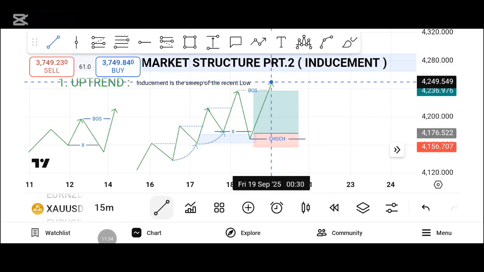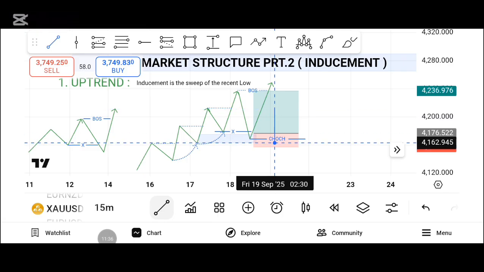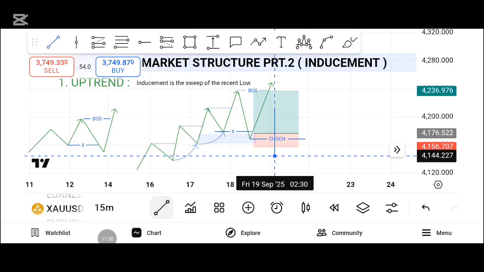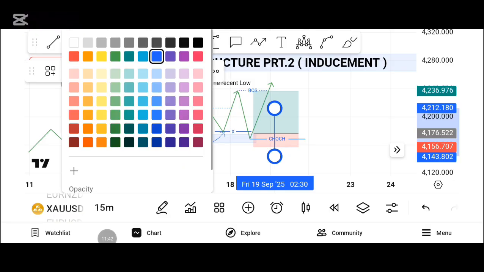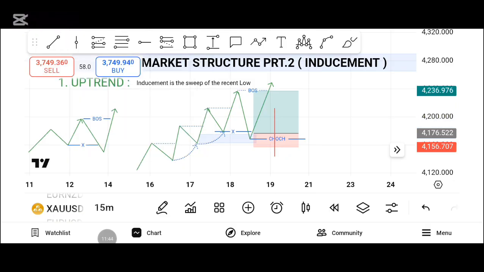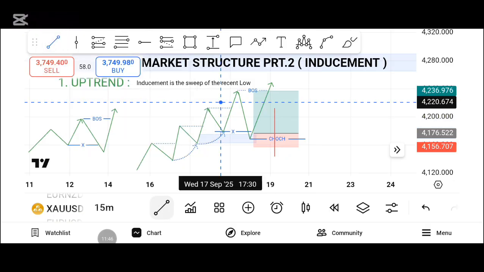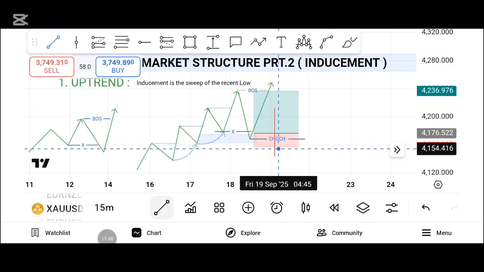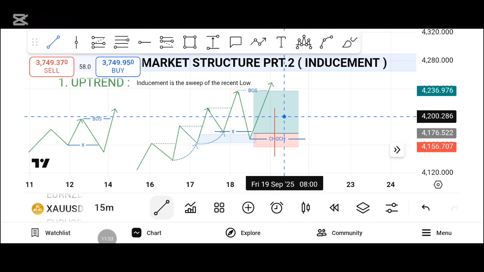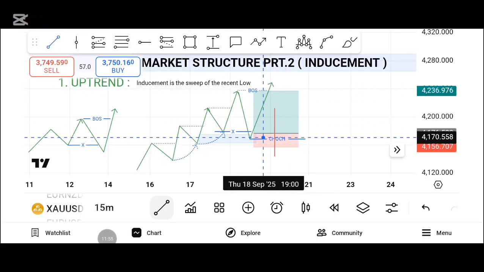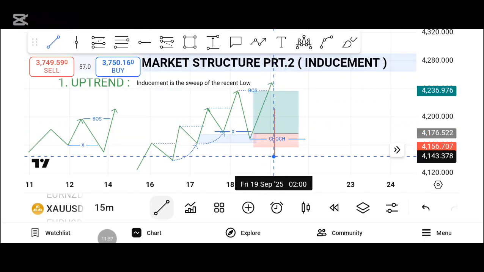But if the market closes a body candle above this zone here, we have invalidated this. Price is no more bullish, but bearish.